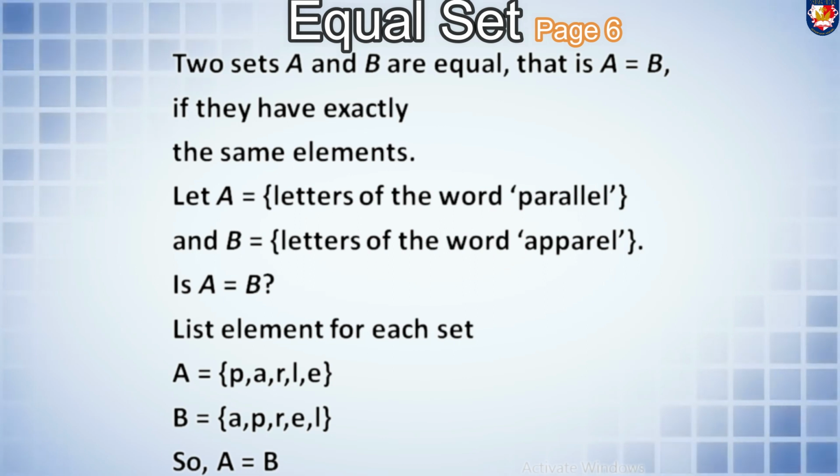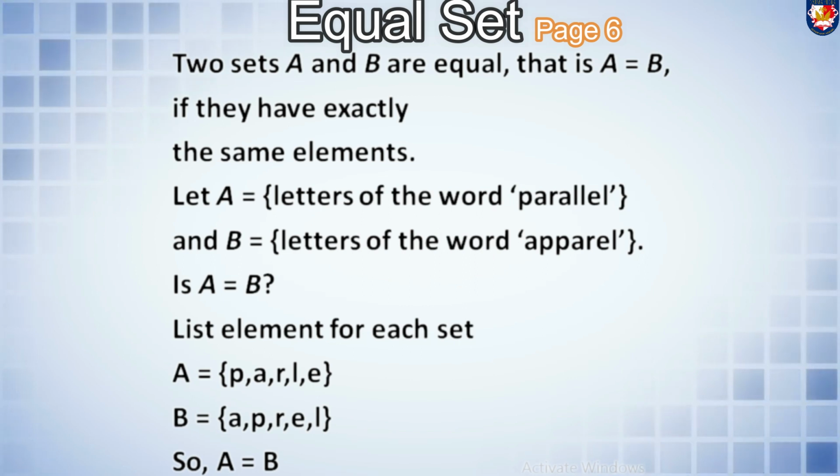Let's find out. The first way to solve it is by listing the elements in A and in B. On this slide, you can see the elements of A are P, A, R, L, and E, and the elements of B are A, P, R, E, L. So is A equal to B?